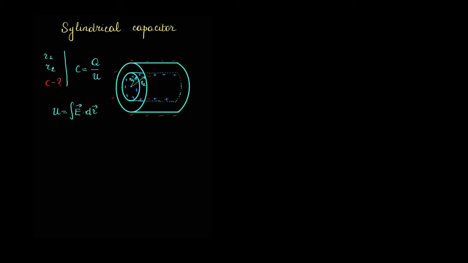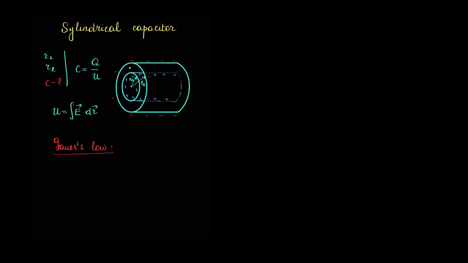Then how do we determine the electric field strength inside a capacitor, for example at this point? To find the electric field strength, we can use Gauss' law. We can only use Gauss' law if there is some symmetry.